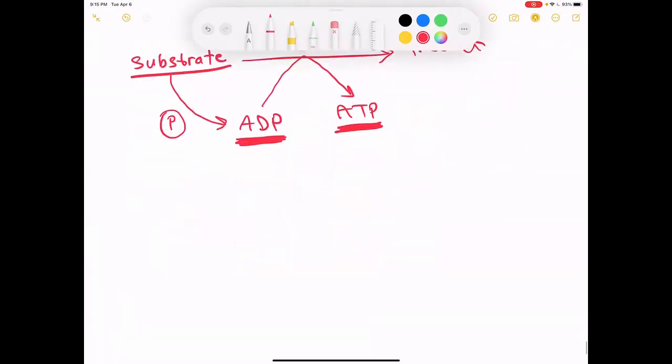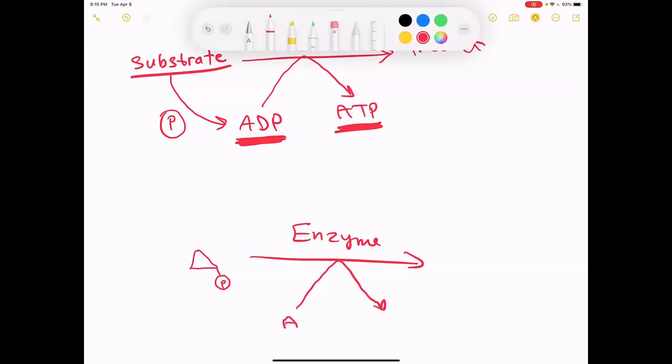If I want to use, let's say, this triangle as a substrate, and here it has a phosphate group, for example, and this is the enzyme, and this is adenosine diphosphate, so that phosphate will get transferred here. As a result, I have adenosine triphosphate, and the triangle will lose that phosphate.